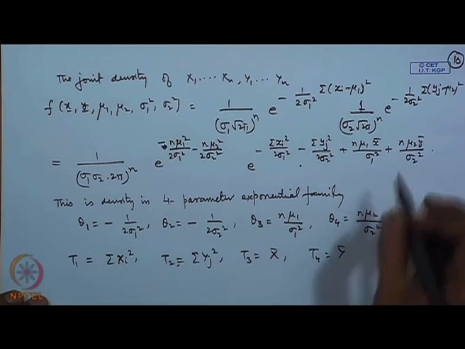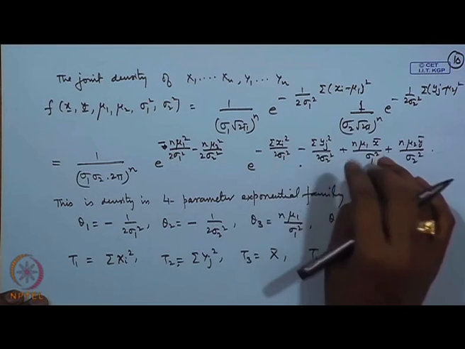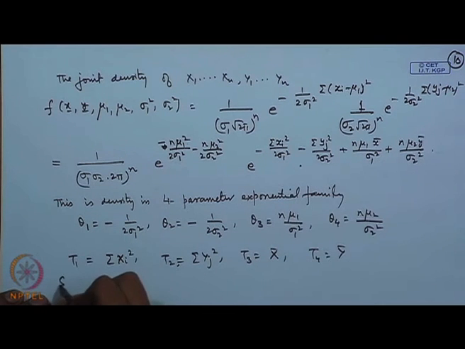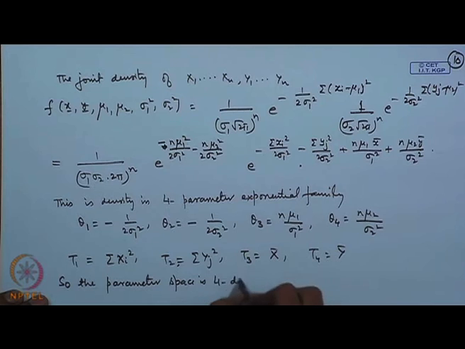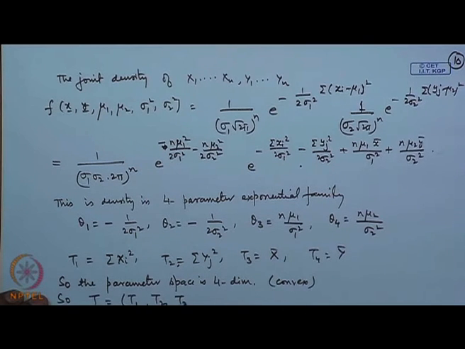So, here the parameter space is natural parameter space. So, the parameter space is 4 dimensional, and also it is convex. So, T is equal to T 1, T 2, T 3, T 4 is complete and sufficient here.